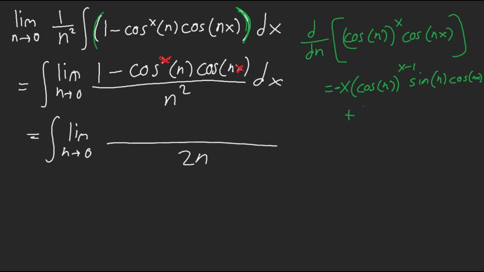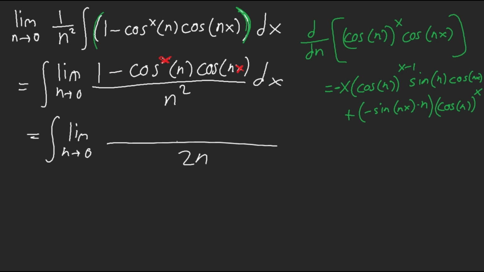And then plus, and then now we have to derive this. This is also negative sine of nx times n with cosine of nx. Okay? If you need to, just write it long. Don't try to simplify anything, just write it long. And now, thankfully, the negative cancels out with this negative.